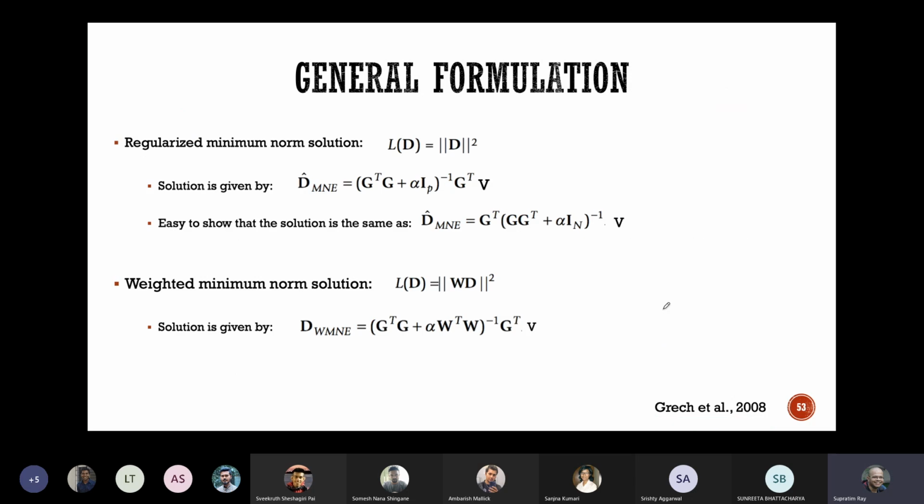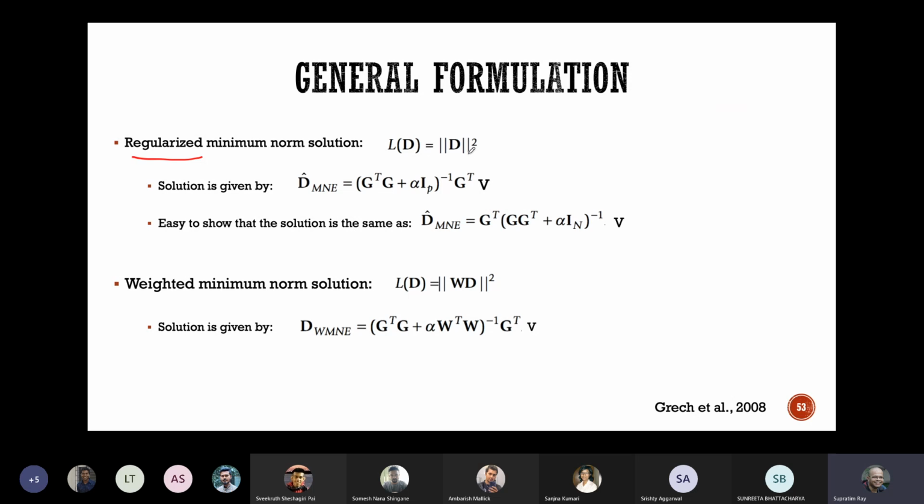Now it turns out, if you try to work this out, this is now the regularized minimum norm solution. This is a solution for which I'm still using the minimum norm as the penalty, the regularization, but I'm assuming that there is noise in the system.